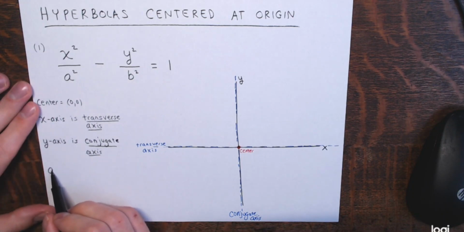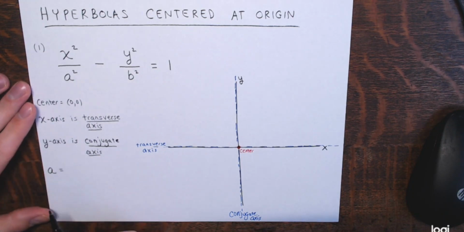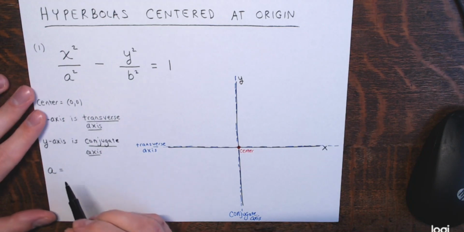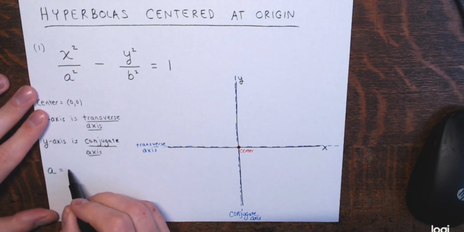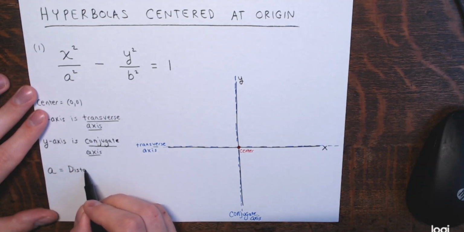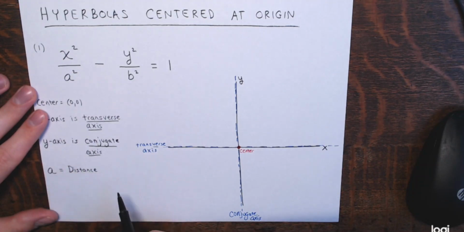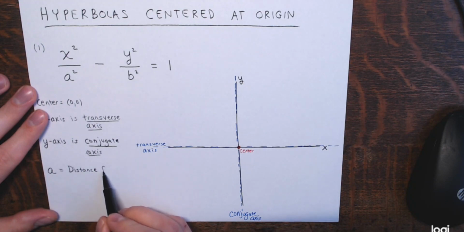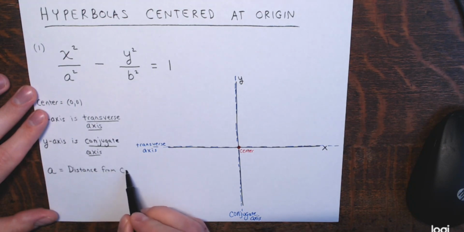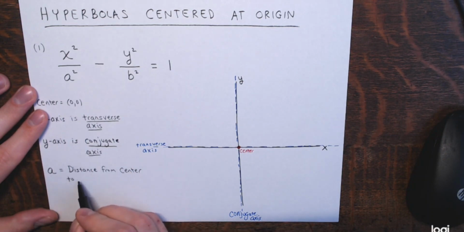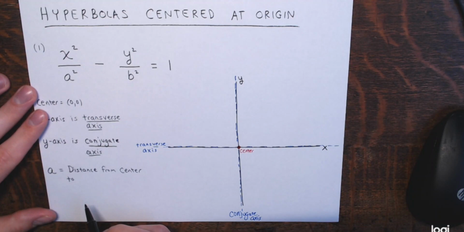Okay, so the value of a, this will be the distance from the center to one of the points called the vertices of the hyperbola, right?